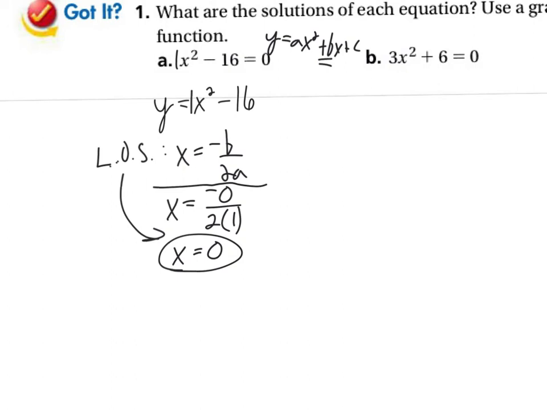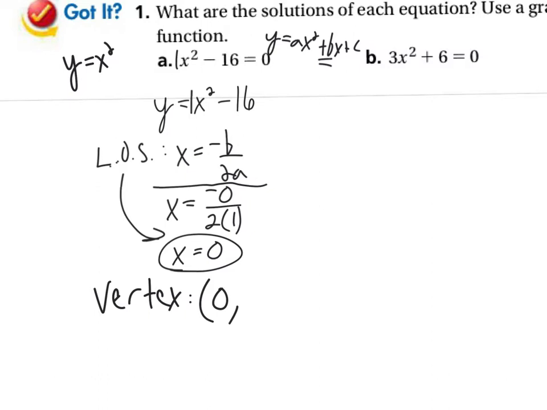And then next we could find our vertex. In this case, you might remember we talked about what that number does. So comparing this to like y equals x squared, we have this -16 at the end, which is shifting our graph.